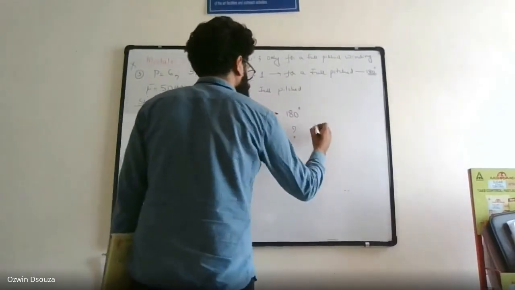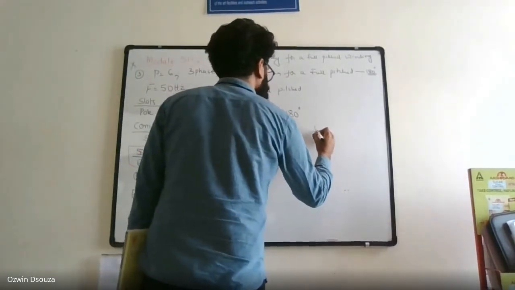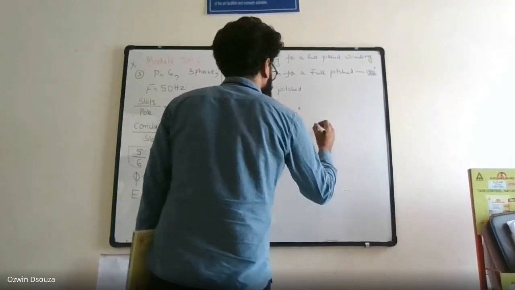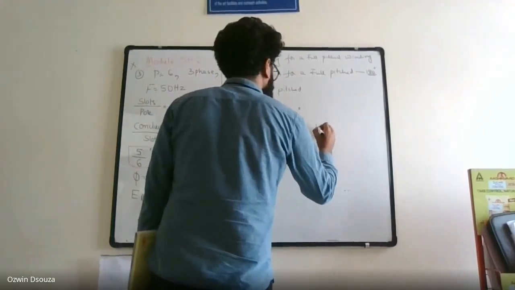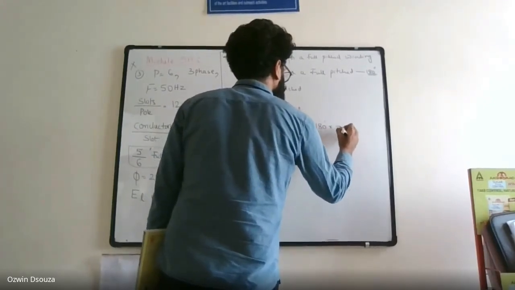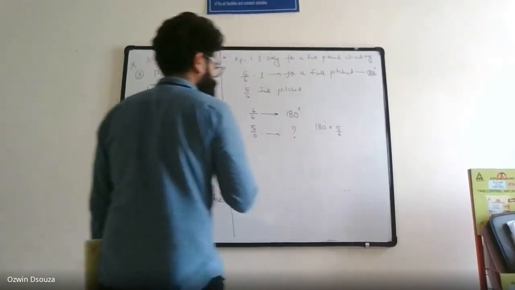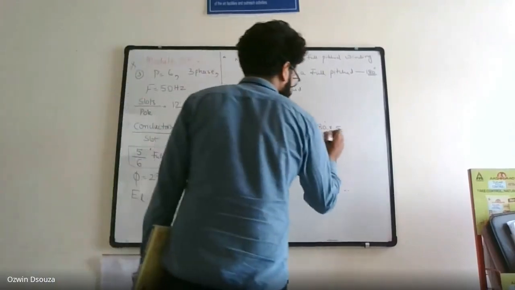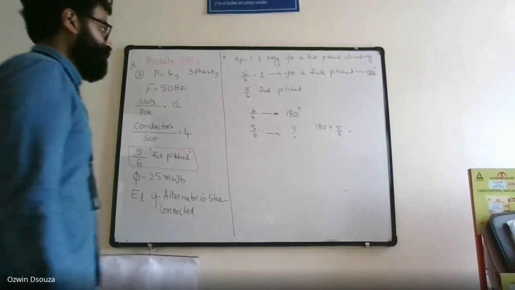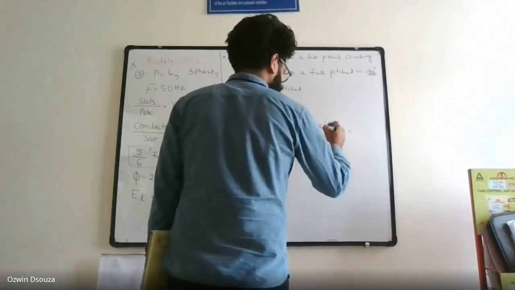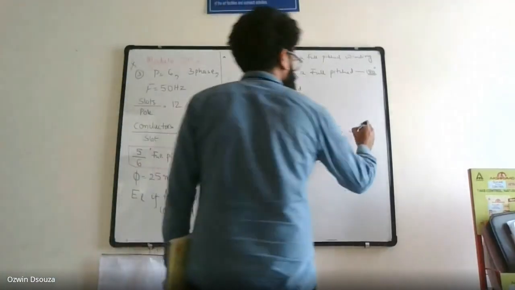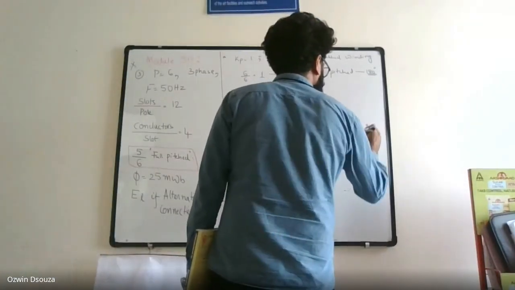You can just cross multiply. 180 into 5 by 6 divided by 6 by 6, which is unity basically. That gives 150 degree.